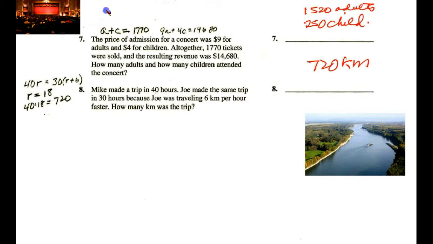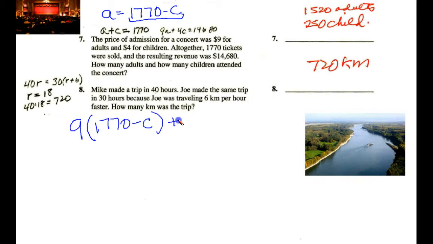Well, if we solve for the letter A, just transpose the C. We've used this method before. This is what A is. So we now write our next equation. 9 times A, which is 1770 minus C, plus 4C equals 14,680.